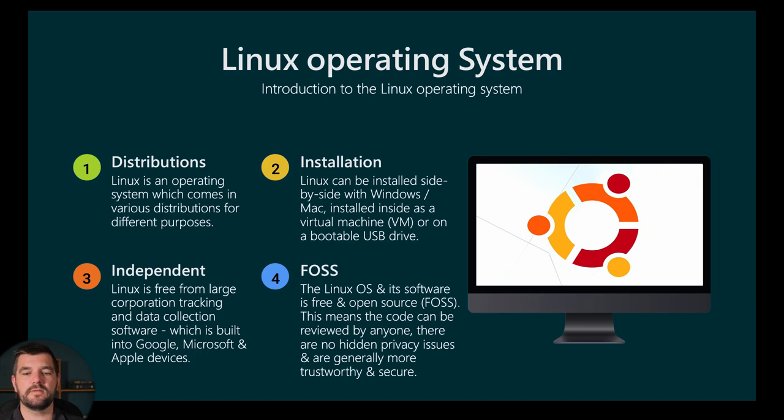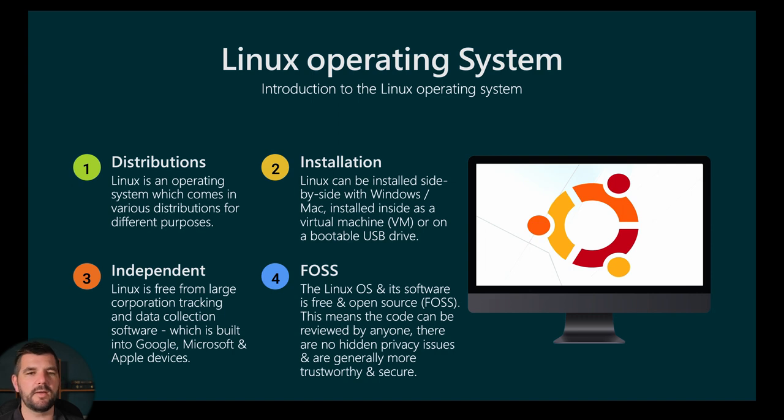The Linux operating system is what we call FOSS, or free and open source. We talked about open source in Phase 1, which is software that can be analyzed, critiqued, looked at by anyone. The source code is available online and people can go and look at it. They can give recommendations. This means it's transparent in that everyone can see exactly what's going on with the operating system.